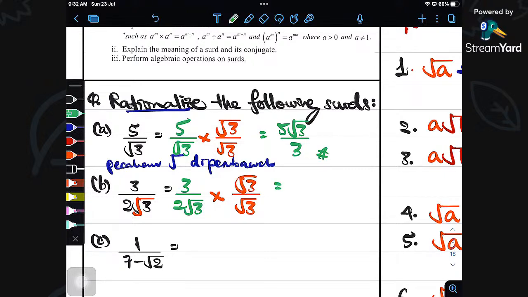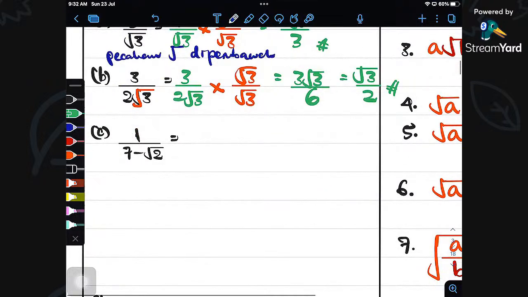And therefore, the final answer is 3 square root 3 divided with 2 times 3. So berapa 2 times 3? 2 times 3 is 6. Therefore, the final answer is square root of 3 over 2. Ta-da! Done. Let's move on to the next question.